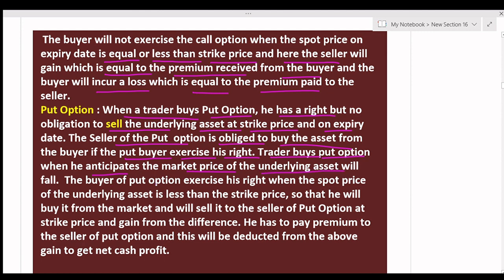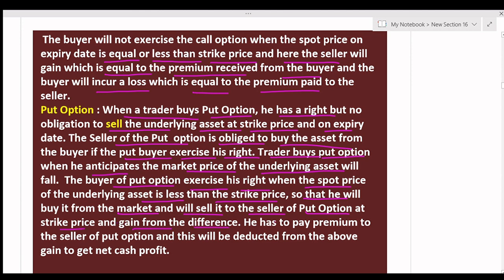The buyer of a put option exercises his right when the spot price of the underlying asset is less than the strike price, so that he will buy it from the market and will sell it to the seller of the put option at the strike price and gain from the difference.